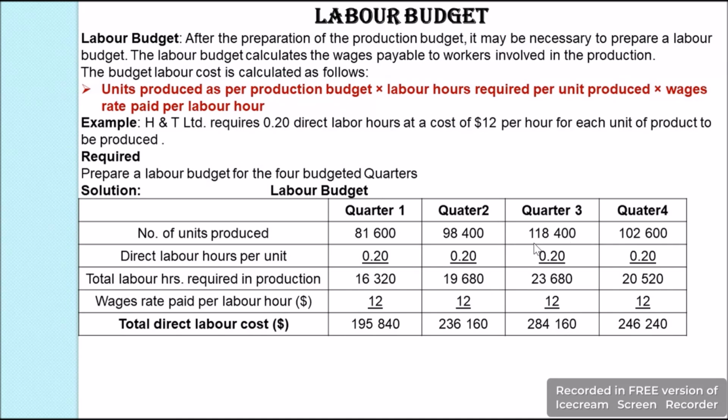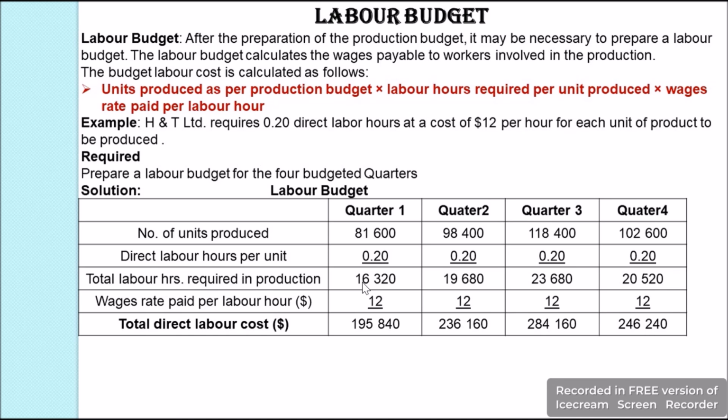In the third quarter, it is 118,400 times 0.20, we get 23,680. In the fourth quarter, it is 102,600 times 0.2, we get 20,520.